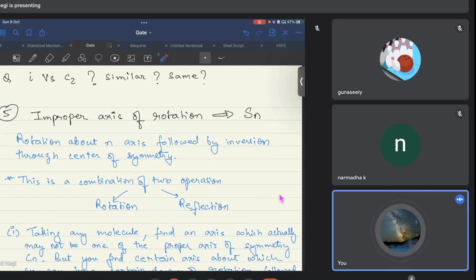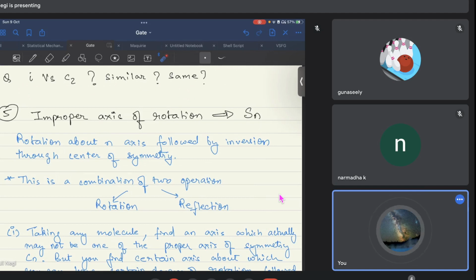Are they doing the same kind of operation? I am asking this because I have told you that C1 is identical to the identity element because it was doing nothing. And what I was told is that C2 is I.